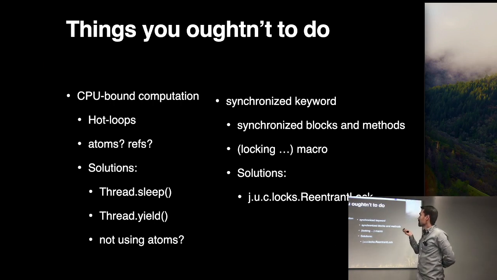So another thing you shouldn't do is use the synchronized keyword. I talked about that. It's in Java, not in Clojure, but the locking macro does use synchronized. There's actually a story about a change they had to make to the implementation of delay and lazy sequences, because they were using locking, the monitor, just to make sure that only one thing was forcing the thunk.